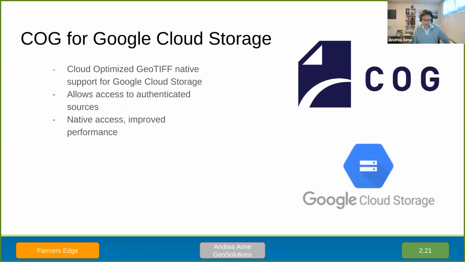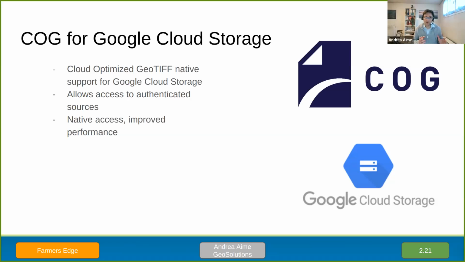In terms of supporting images in the cloud, we have had a significant amount of improvements on the COG provider, Cloud Optimized GeoTIFF. The idea is that you take a GeoTIFF image, you turn it into a COG, which is really still a GeoTIFF, just with a layout that's optimized for efficient extraction of data through HTTP requests.